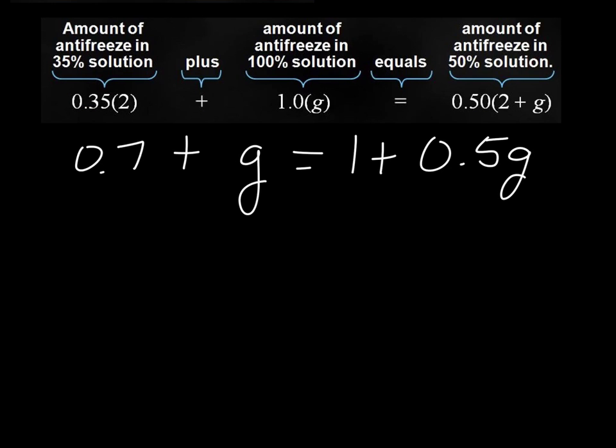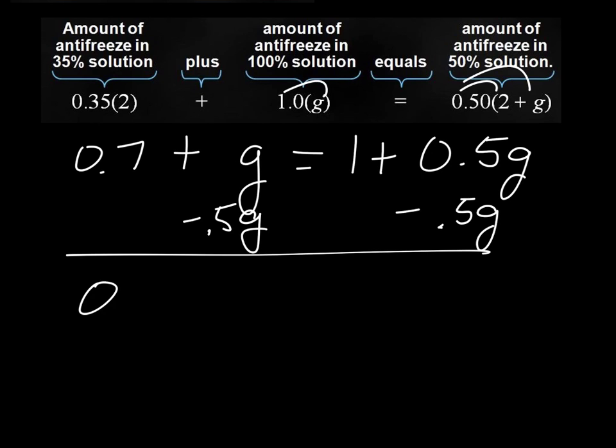So 2 times 0.35 is 0.7, and 1 times G is just G. 0.5 times 2 is, of course, 1, and plus 0.5 G. Now I want to get G on one side, so I'm going to subtract 0.5 G from both sides of the equation.